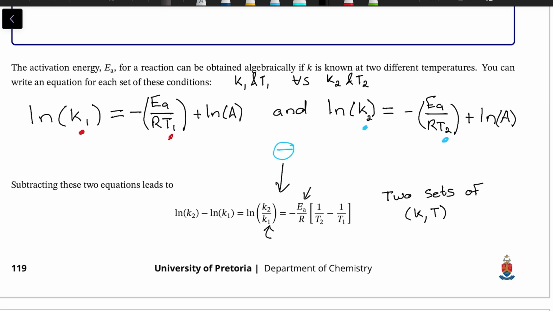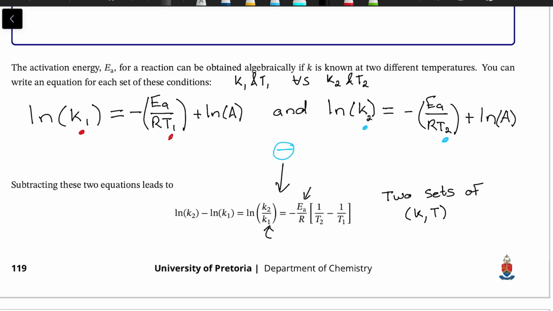Or it is something else, meaning that you will have some sort of set where you know the temperature and the rate constant at one thing, and you know at least the temperature of something else, and you're asked for the activation energy or something. You'll have some combination of information that you will need to know.